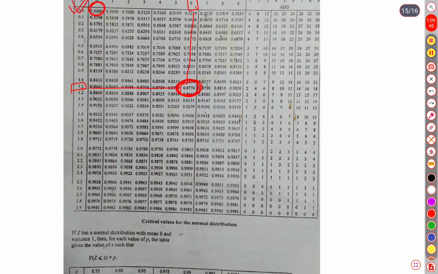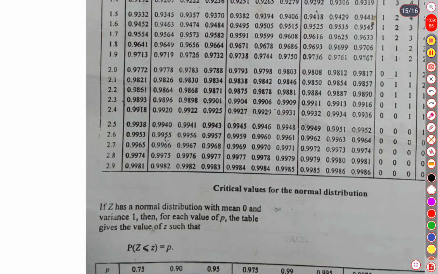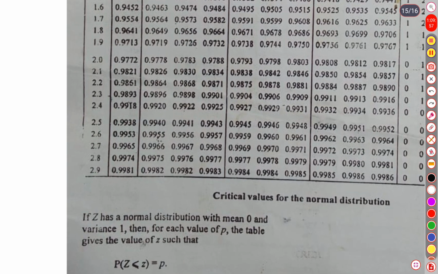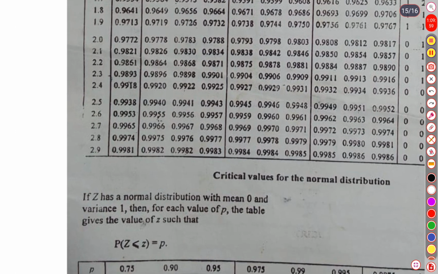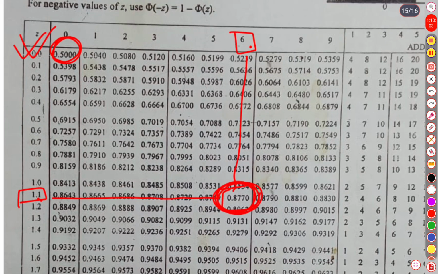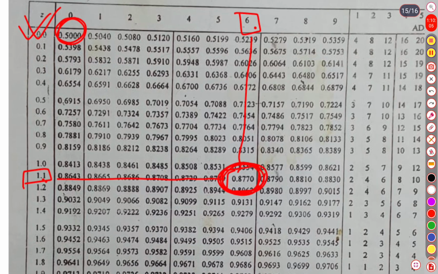Some of the table is at the bottom. My picture doesn't cover this, but I can show you here. Yes, look at this, when probability is 0.75.